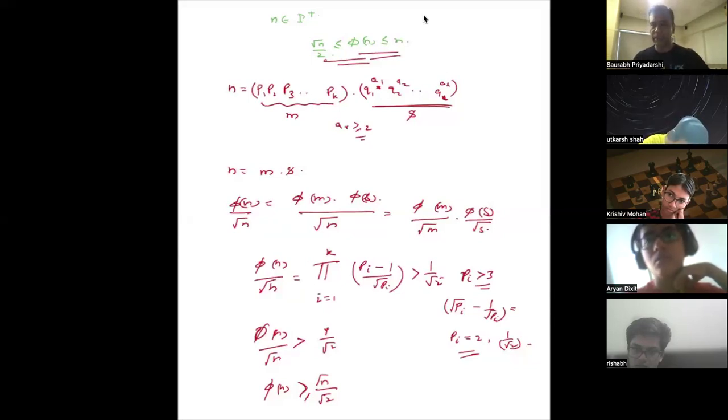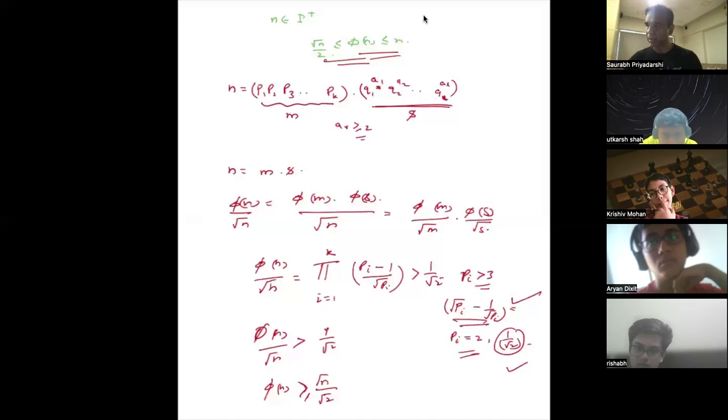The same formation you have to apply now. For n different numbers, you have to apply the same formation. So every time you are getting 1 by root 2 to the power r, where the primes, as given in the question, are distinct primes.